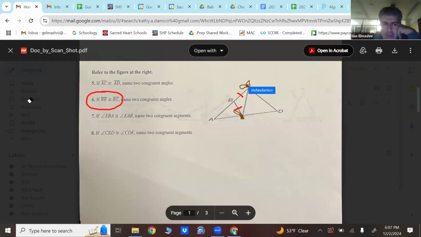Okay, so now let's actually write it. You're going to say angle BEC is congruent to angle BCE.